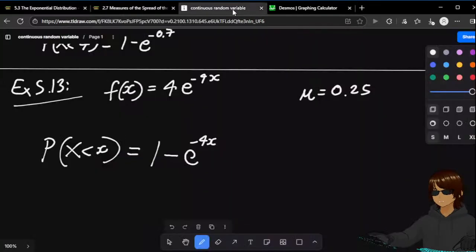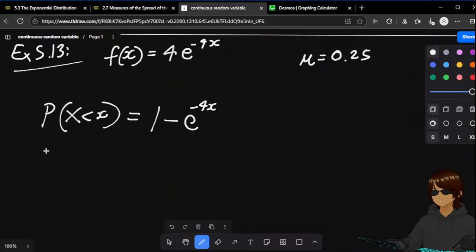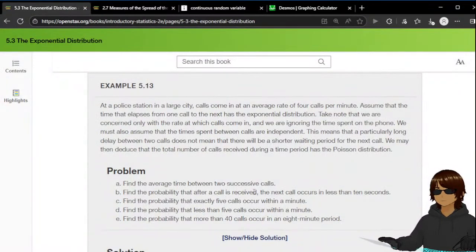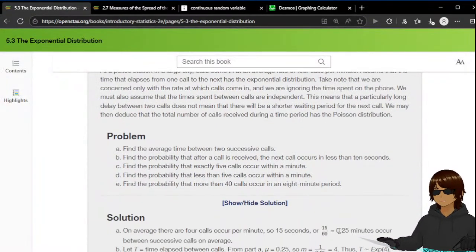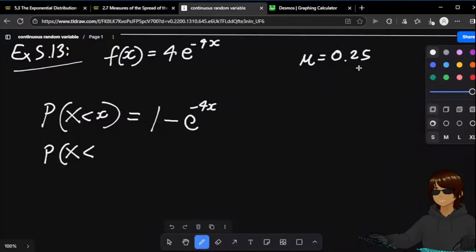Next call occurs in less than 10 seconds, so we are finding the probability of less than 10 seconds. What did we find? 0.25 minutes for the next call.